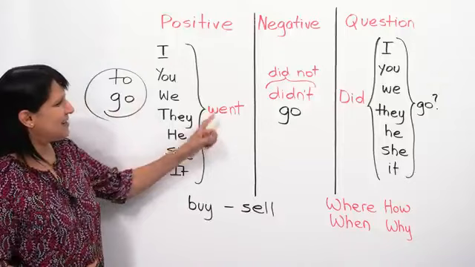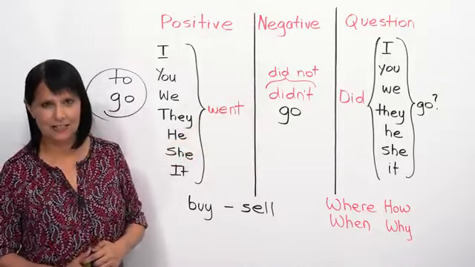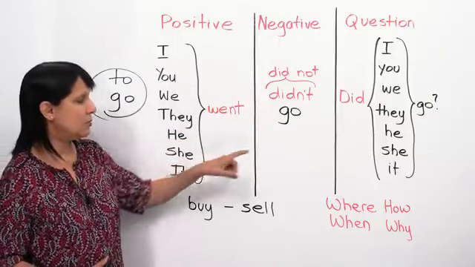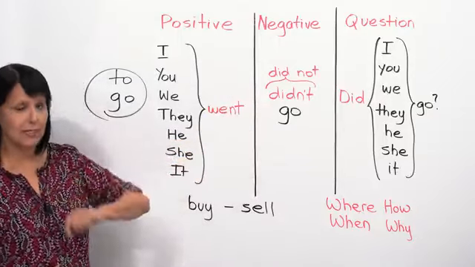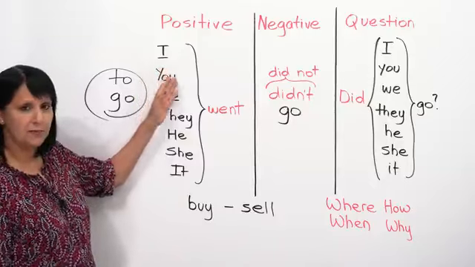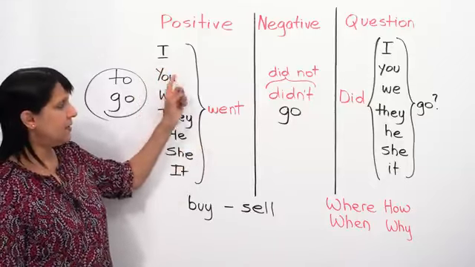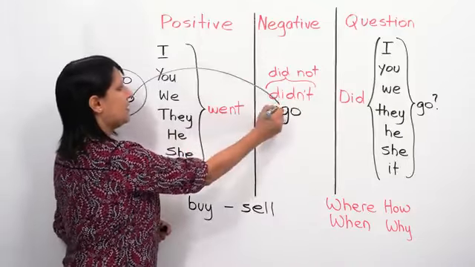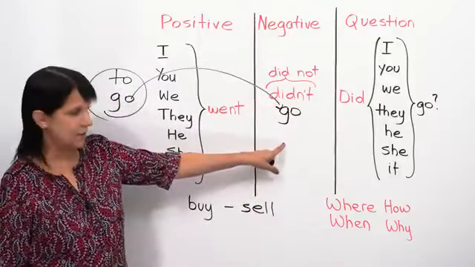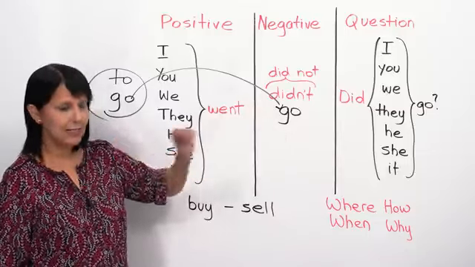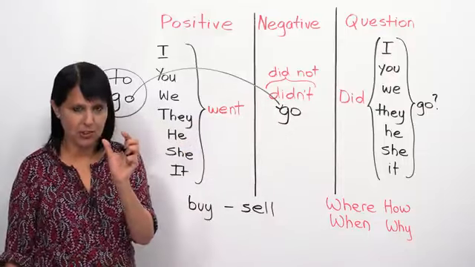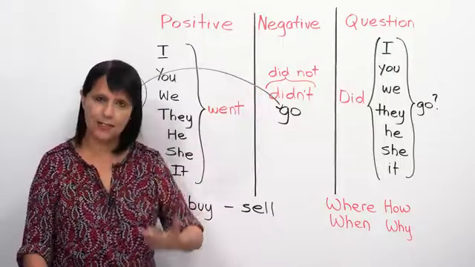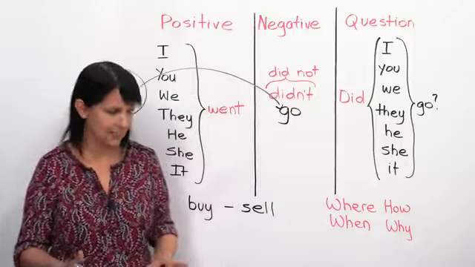Next, when we go to the negative sentence. So, it's the same principle as we learned for the regular verbs. We are going to go back to the base form of the verb. Let's see how it sounds. So, positive, I went. Negative, I didn't go. We've come back, right, to the base form of the verb here. I didn't go. And again, didn't is a contraction or short form for the words did not. But again, in conversation, we're just going to say didn't.